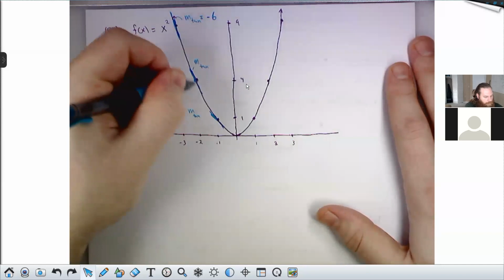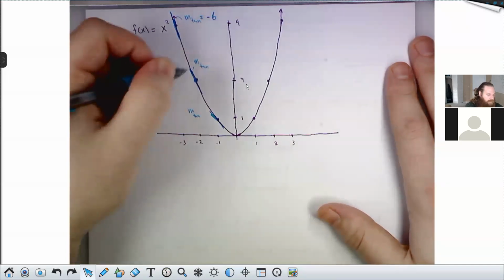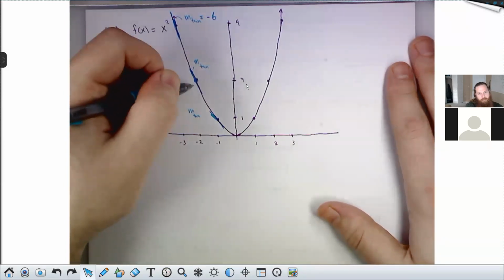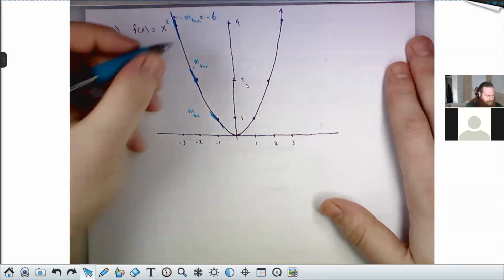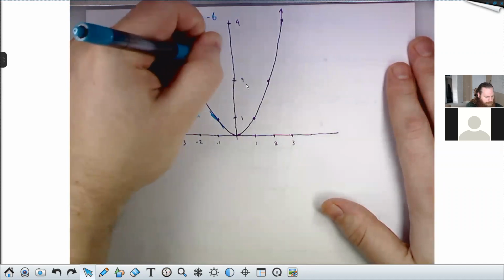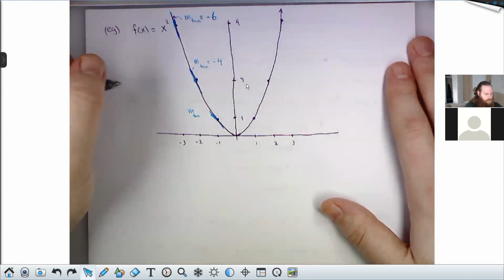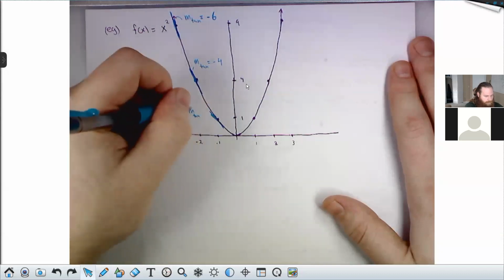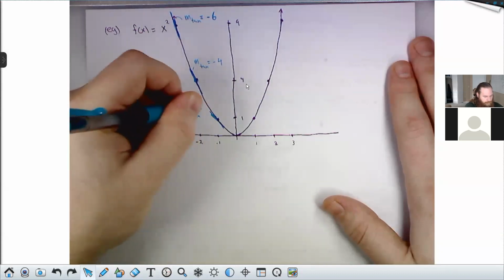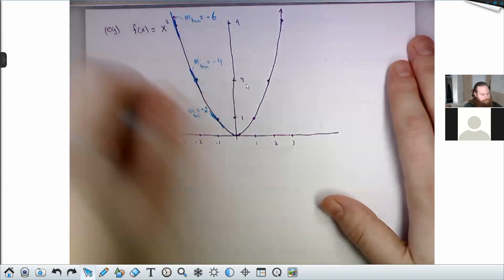Over here at this point, the tangent line is still sloped negatively, but it's not as steep as this, maybe like -4. Over here, the tangent line is still negatively sloped, but not as steep. And I would say it's like -1, -2, something like that.